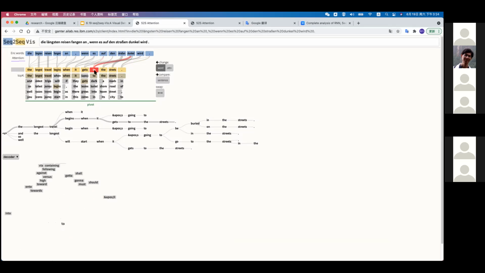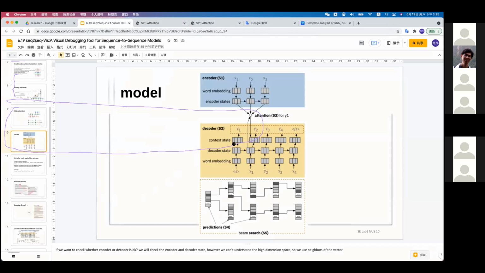So why does it translate to the 2? So it finally goes to the problem of beam search. Here we can see the beam search tree. Oh, sorry, we just forgot the top K. The following graph is the top K. Remember, we now get the context state.